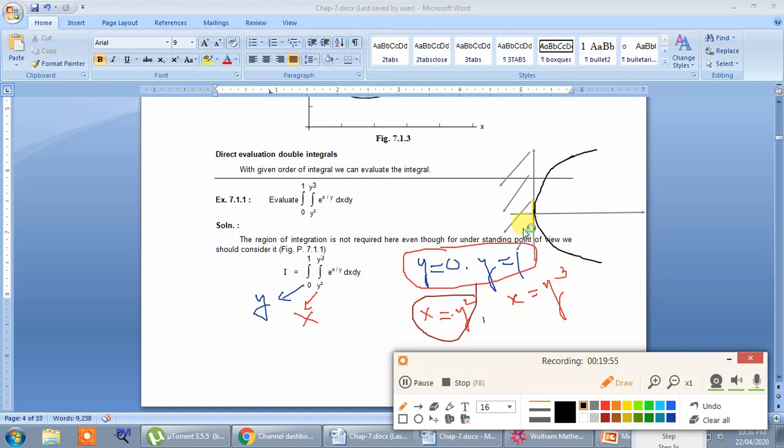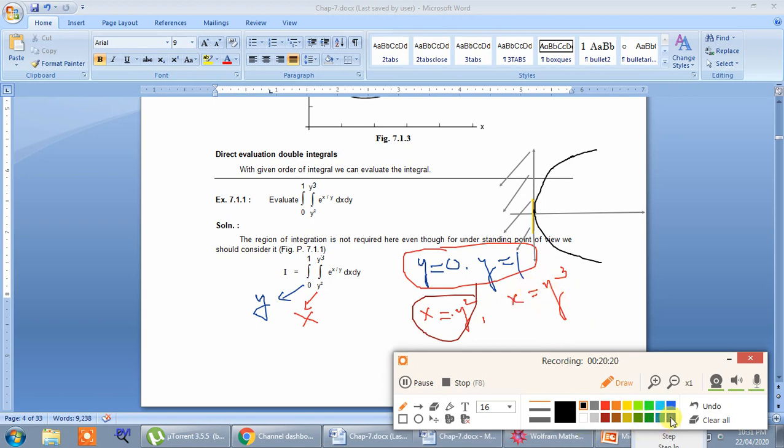So the first one is the rightward open parabola, and you will find that the second curve is not symmetrical about any axis. It is symmetrical in opposite quadrants, because if you replace x by minus x and y by minus y, the negatives cancel and you get the same equation of the curve. If x is 0, y is 0, and if y is 0, x is 0, therefore it is again passing through the origin only.